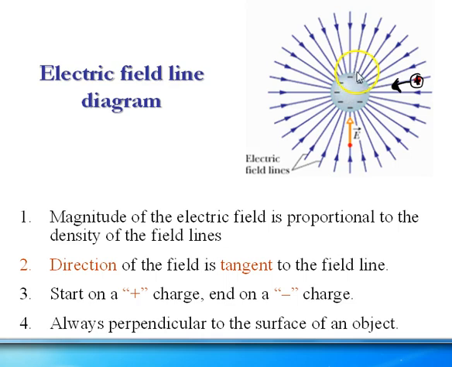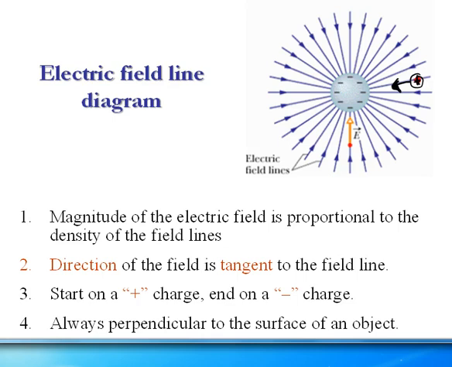Notice the density of the field lines is greatest right at the surface of our source charge. As we move away, the density of the field lines decreases, and this looks like it would be a circle, but we have to imagine it's three-dimensional. So what we have is a spherical space. In that spherical space, the density of the field lines is proportional to the surface area of an imaginary sphere at any radial point.